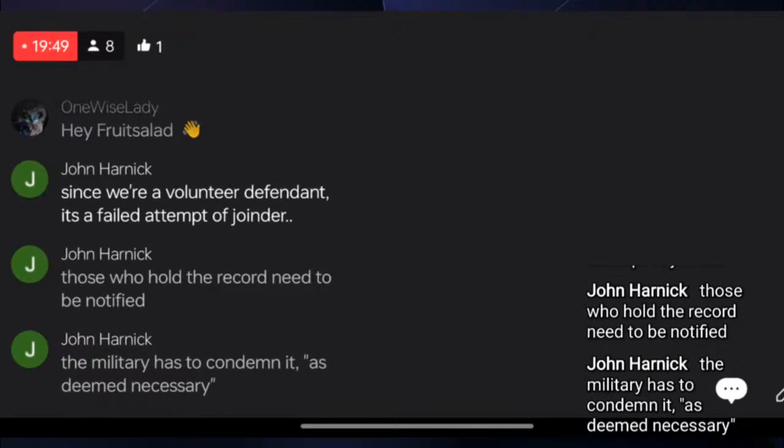Since we were on to defendants who failed attempted joinder. No, it's because of the joinder of the SS5 and other stuff. Yeah, they had to condemn it. And then it becomes under the use of emergency powers.